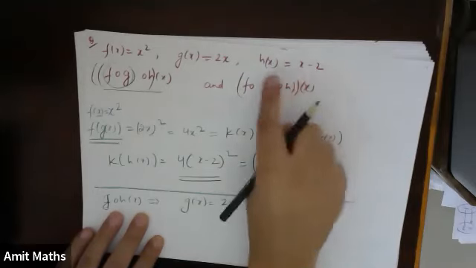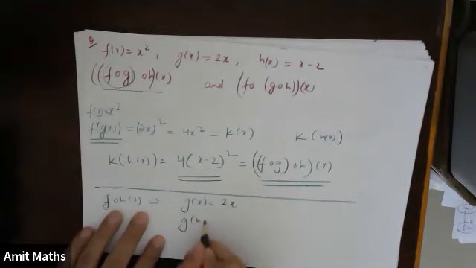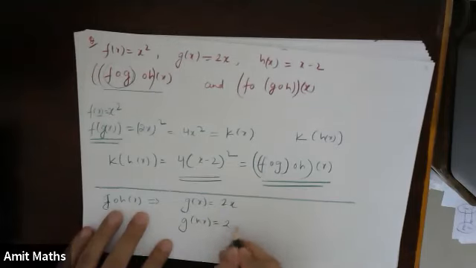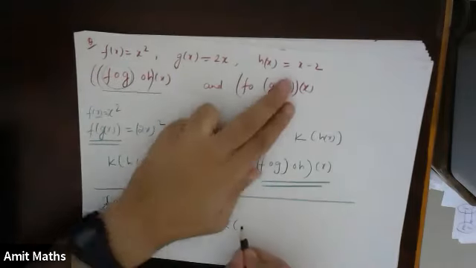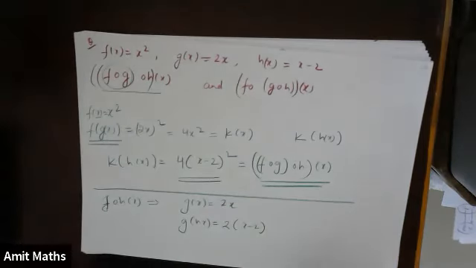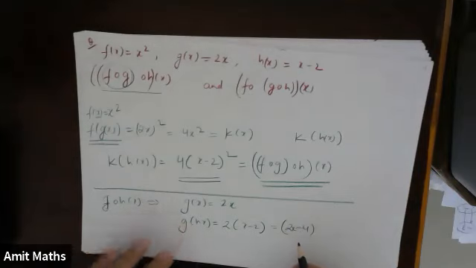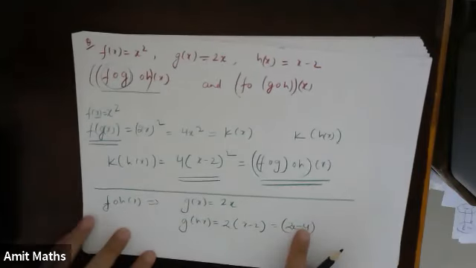So I'll simply substitute x minus 2 instead of x. So g of h of x will be nothing but 2 into x minus 2, which is 2x minus 4.